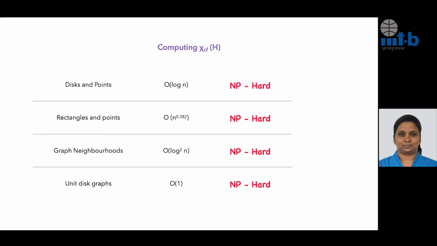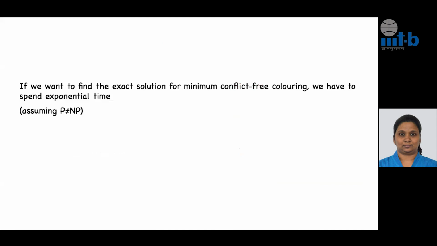So therefore, you don't expect a polynomial time algorithm for any of these hypergraphs. Unless P equals NP, if you want to solve this in the optimum, exact way, you have to spend exponential time, assuming P not equal to NP.